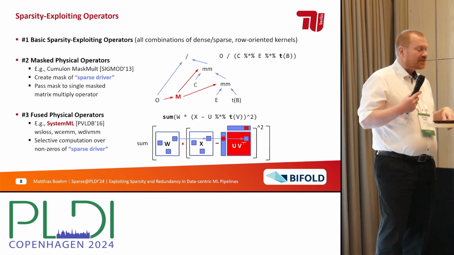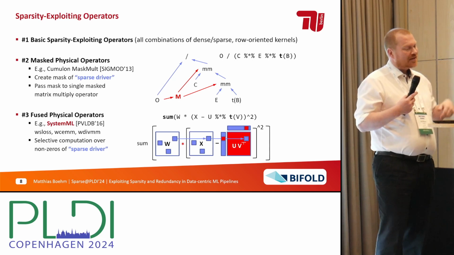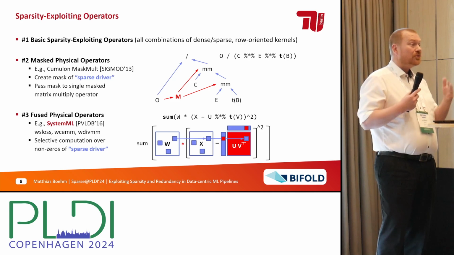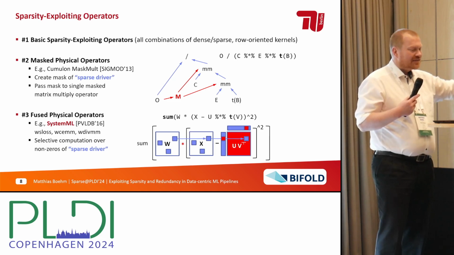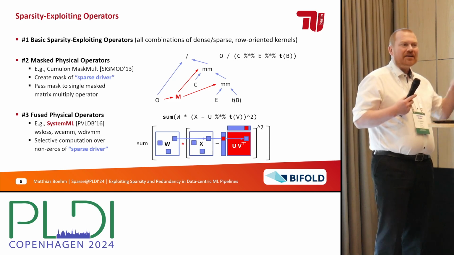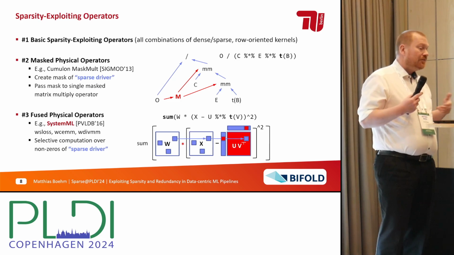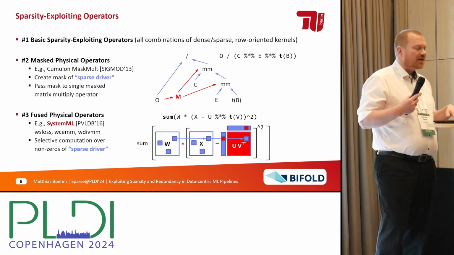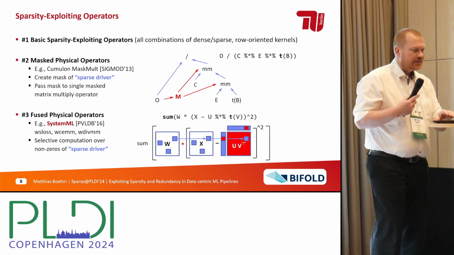So in matrix factorization, we want to compute a low rank approximation, U matrix multiply V, that roughly approximates X. Now for the squared loss, you see that we compute this outer product, which creates a dense intermediate, minus X, another dense intermediate, squared, another dense intermediate, and then this element-wise multiplication with W, which prunes away most of the computation. So what we do instead is actually we compile source code for the entire chains of operators in order to exploit sparsity, iterate over the non-zeros in X or W, and only compute dot products when needed.